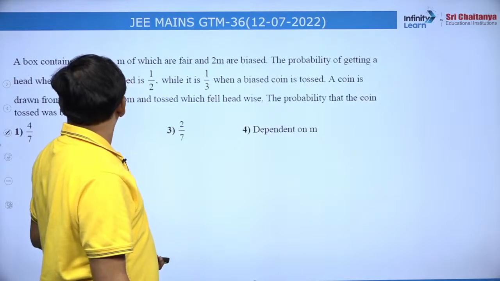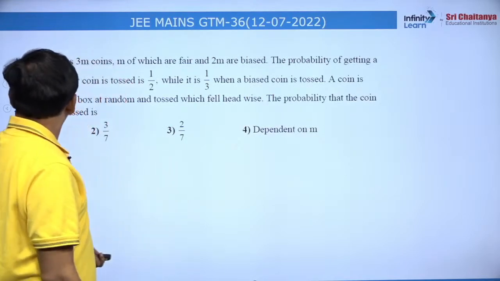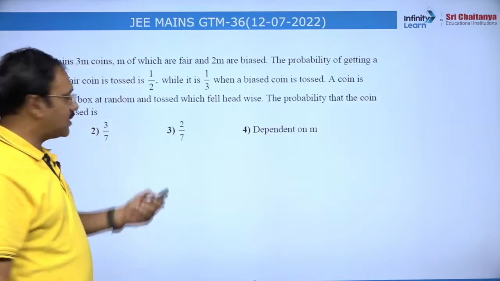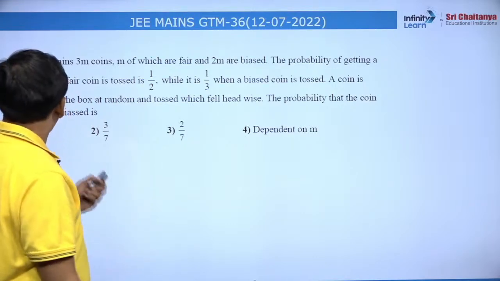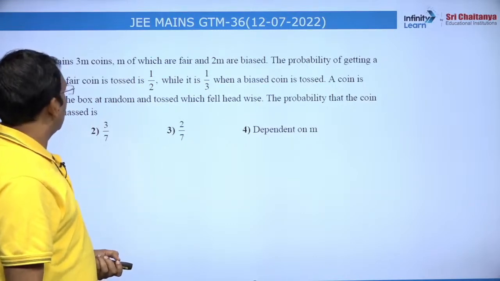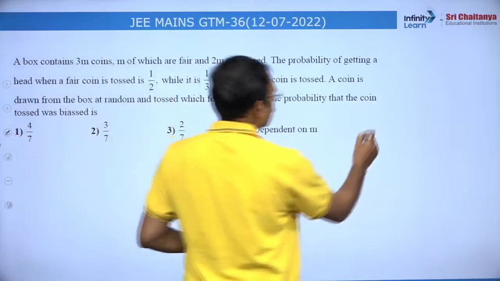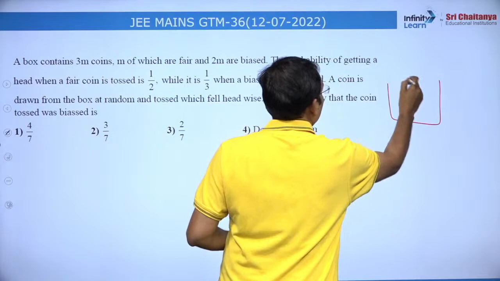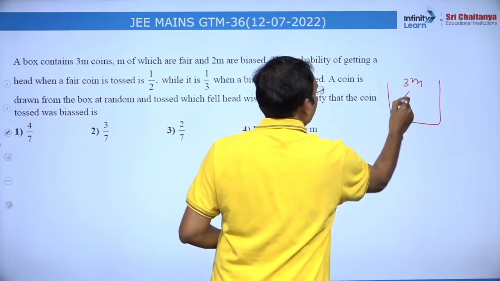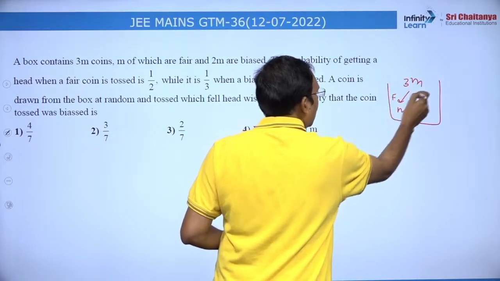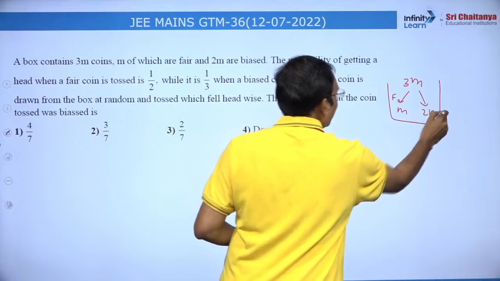You see, dear friends, this question, a box contains, this is a simple one, probability based. A box contains 3m coins, m of which are fair, 2m are biased. So, there is a box, there are 3m coins of which m are fair and 2m are biased.